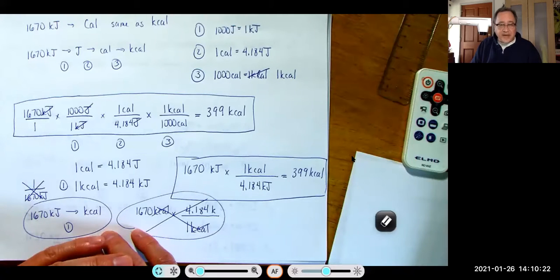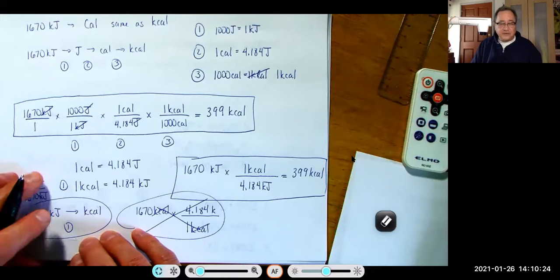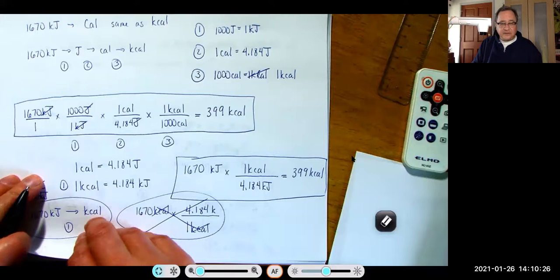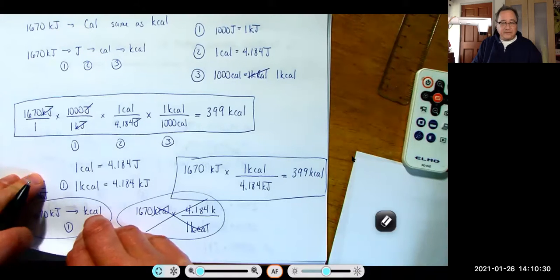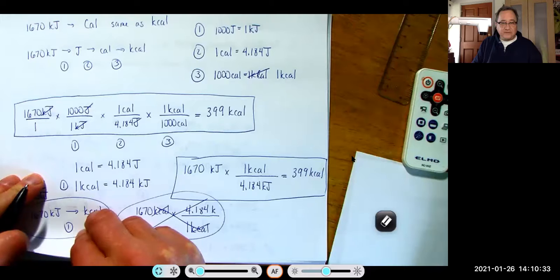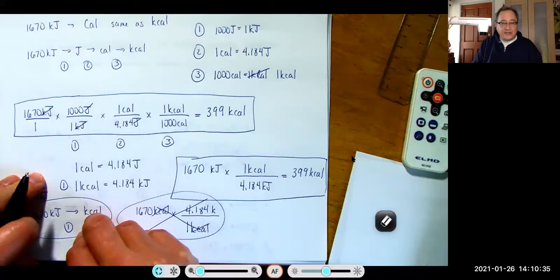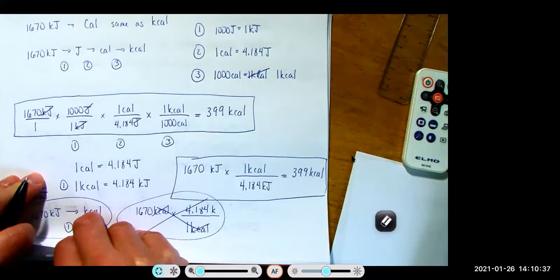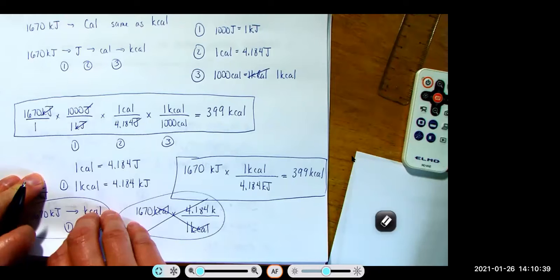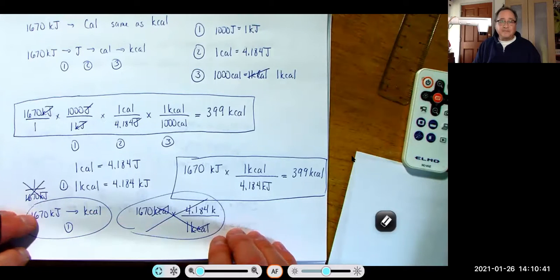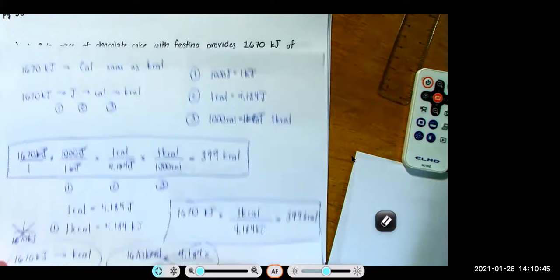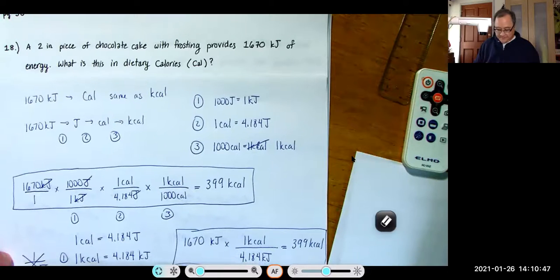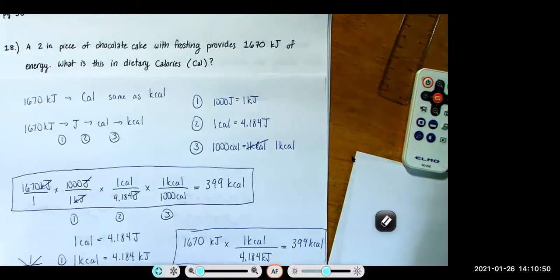So if you had written this down on your test instead of this, it would be perfectly acceptable. Any questions about that? Yes or no? Okay, that's a question, Sadie? Yeah, I just had one question. In the original part of the question, it was converting to calories with a capital C. Yes. So would you accept it as kcals on a test?